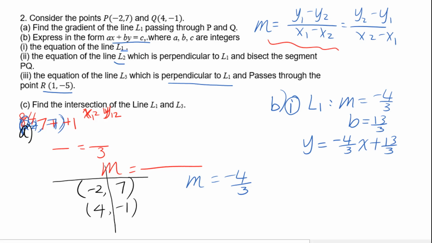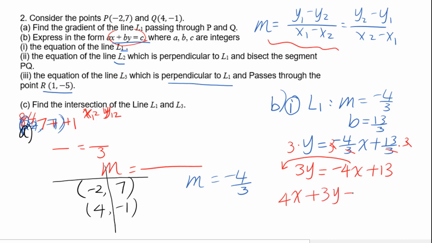Since we are looking for this form, we multiply by 3 for every single term because we want to get rid of the denominator. Therefore, we get 3y equals -4x plus 13. Then cross the river, change the sign. You will get 4x plus 3y equals 13. This will be for B1.